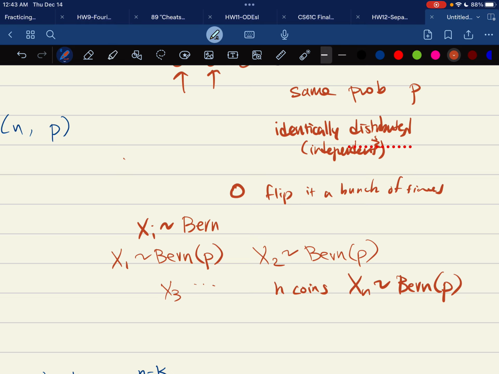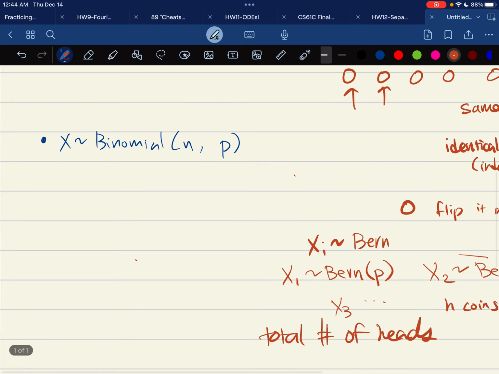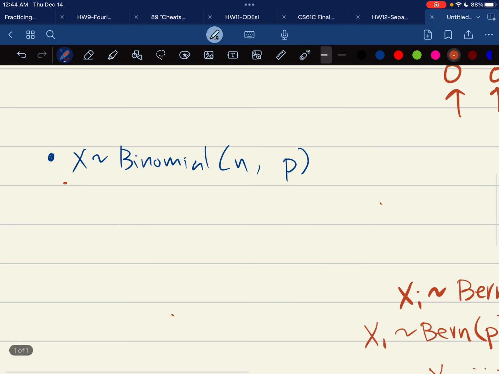Okay, if we want to find the total number of heads amongst all the coin flips, we can just add all of these up. And hopefully that makes sense, right? And this is basically the logic that a binomial distribution is built on.